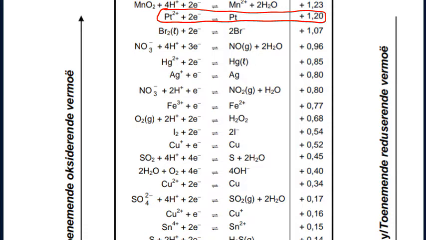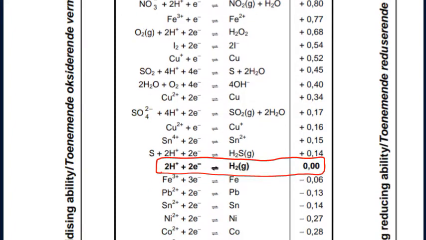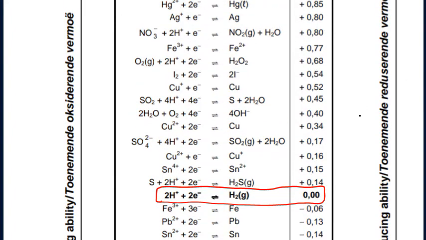If you watched the previous video, you would have seen that I use something called direction arrows to help you to decide between what is a better oxidizing agent and what is a better reducing agent.